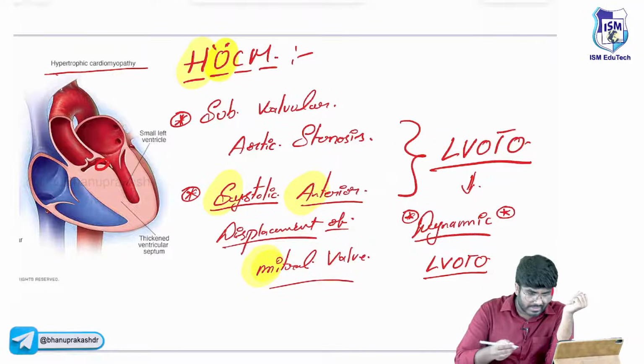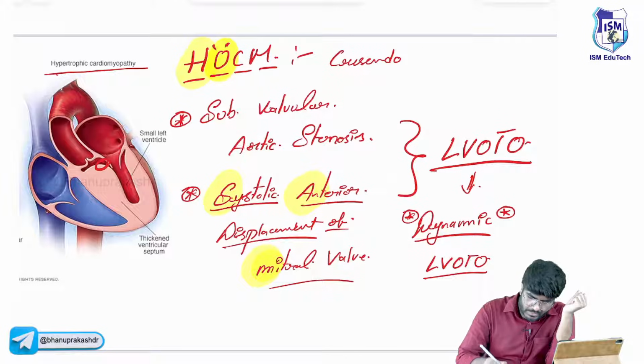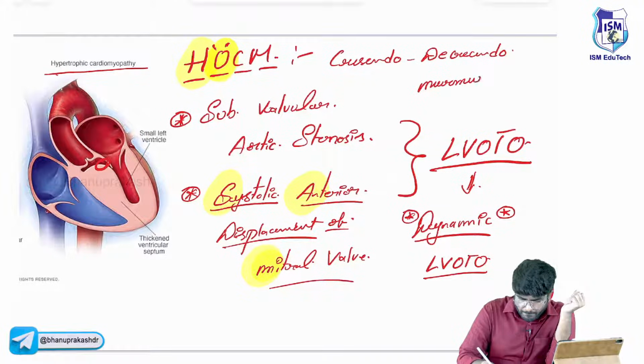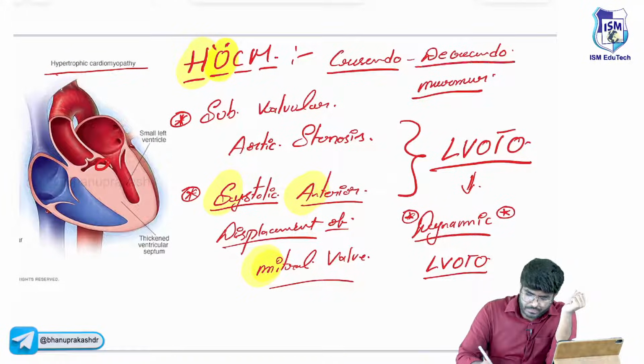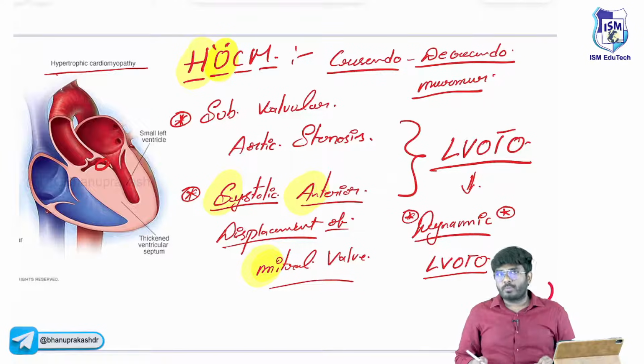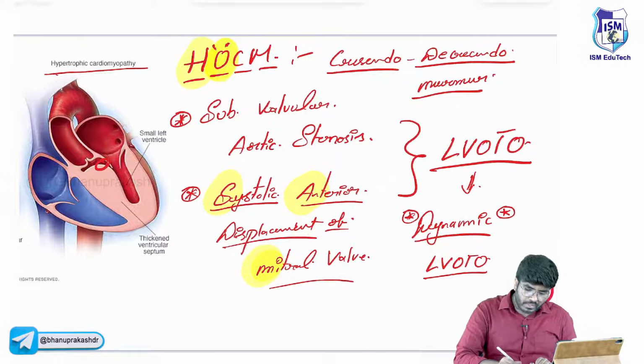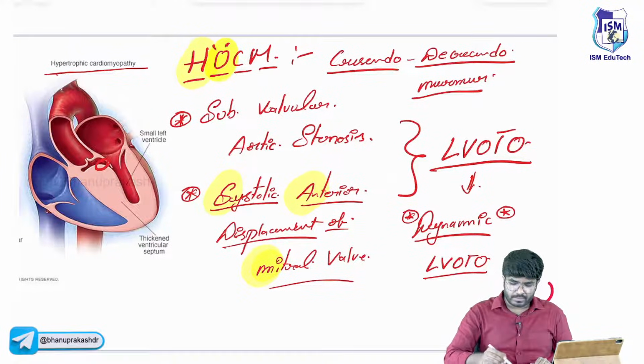What is the murmur heard in this condition? It is a crescendo decrescendo murmur. So there will be a diamond shaped murmur or crescendo decrescendo murmur, sir. In the murmurs topic, you will study these things in a much more detailed way. So these HOCM patients are going to have what kind of murmur? Very, very important.